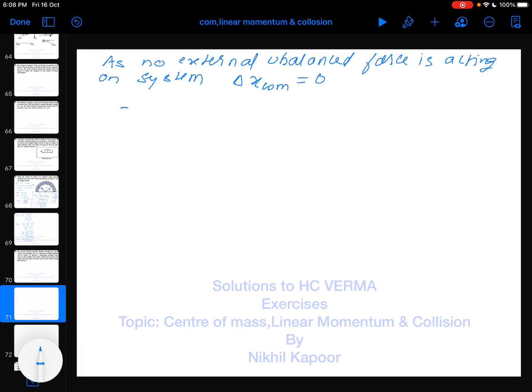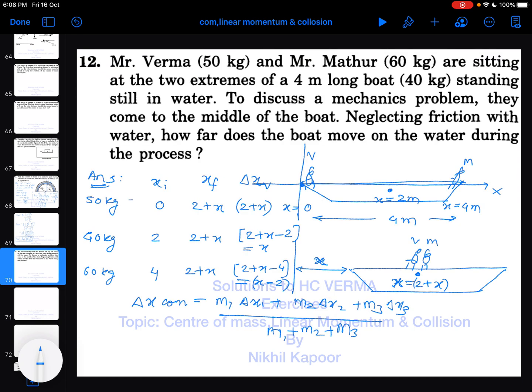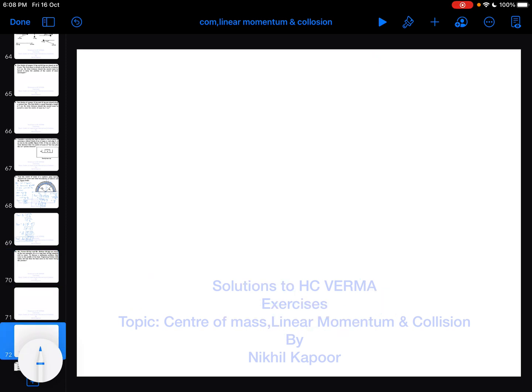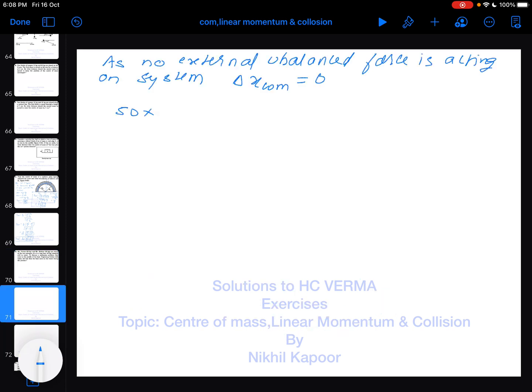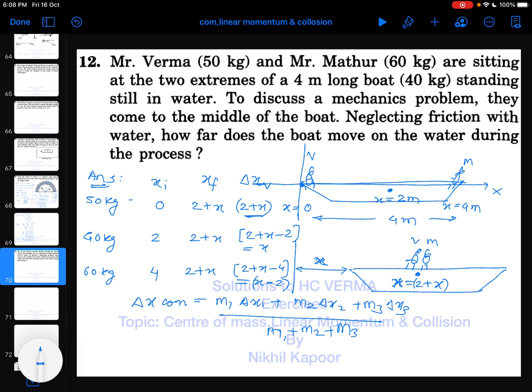So in that case, m1, that is the mass of Mr. Verma, into the displacement of Mr. Verma, which is 2 plus x, so it will be 50 into delta x1, plus m2 into delta x2, that is the displacement of the boat, which is x. It is given in this column, the displacement of all the bodies.